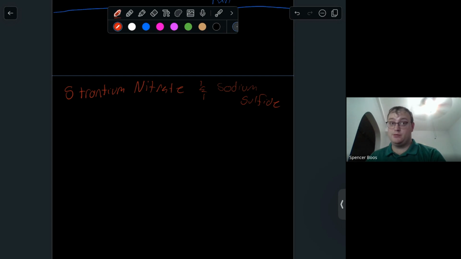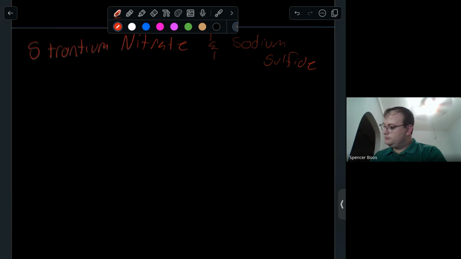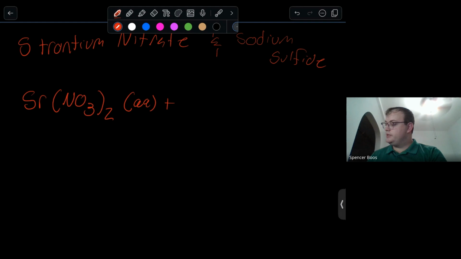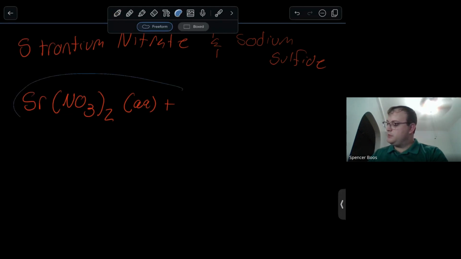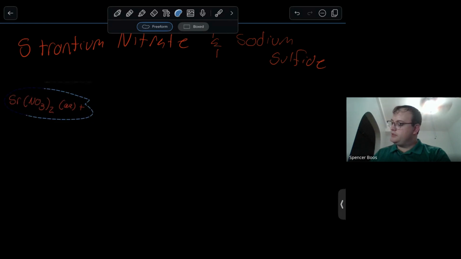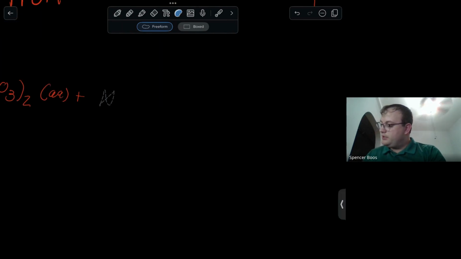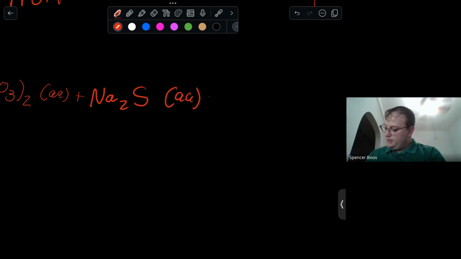All right, let's go through this one. Strontium nitrate, that formula is Sr(NO3)2 aqueous, plus, we'll actually make it smaller. We're going to run out of room otherwise. What do we got? Sodium sulfide, oh boy, Na2S aqueous.